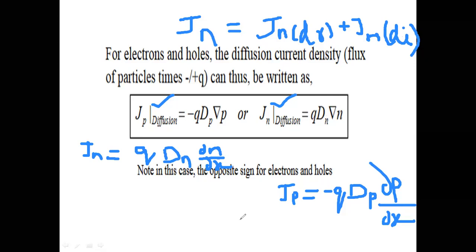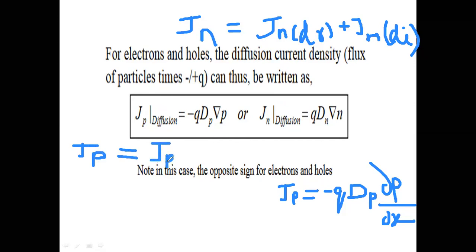Likewise, Jp, the total current density due to holes, is equal to Jp drift plus Jp diffusion.